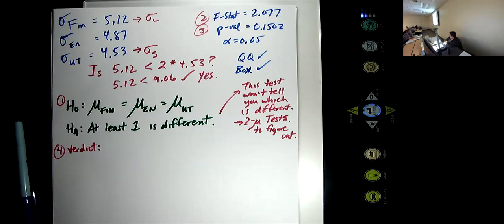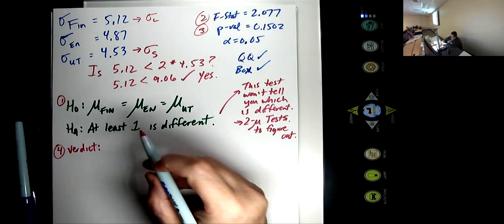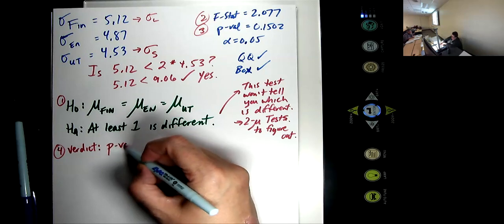I base it off of some mathematical calculation. What do I check? The standard deviations? No. P-value? P-value. No, the verdict is the same on all of them. We're checking p-value and alpha.